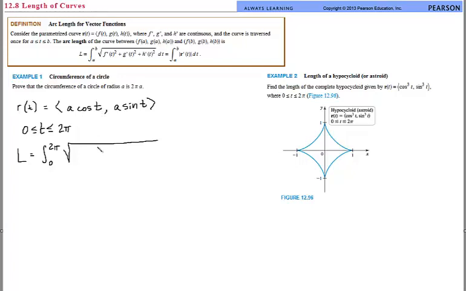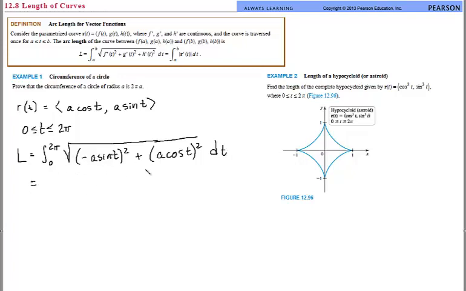So I need its derivative, and then I'm going to square it. So the derivative of this would be negative a sine t, quantity squared, plus a cosine t, quantity squared, dt.